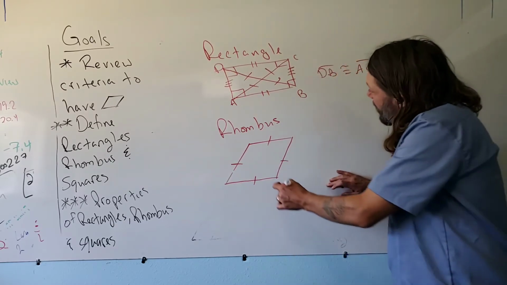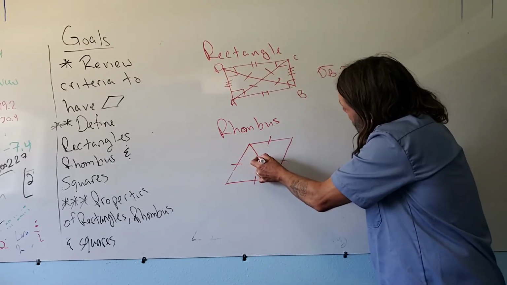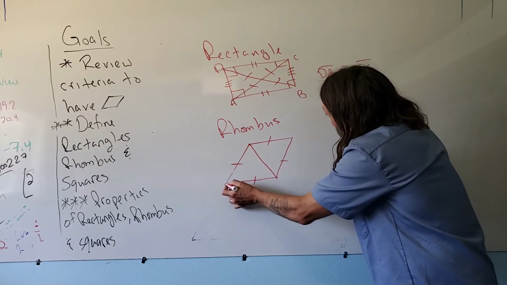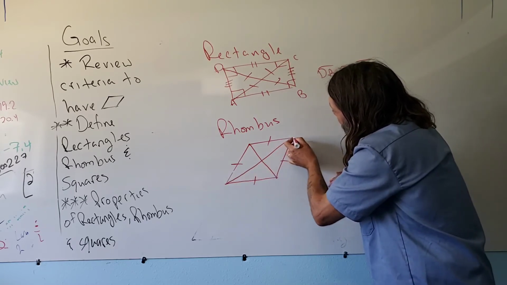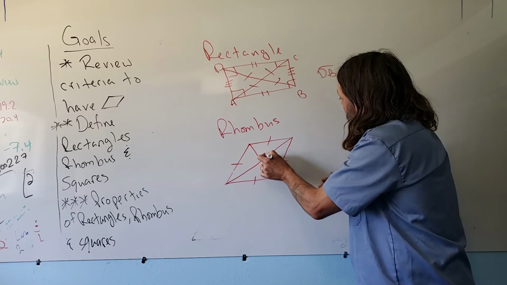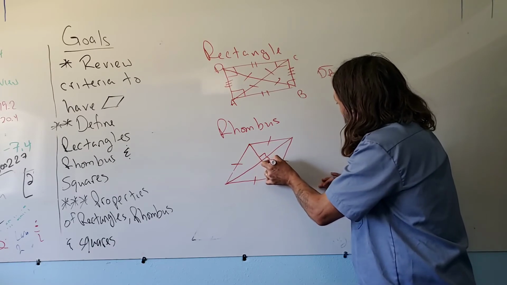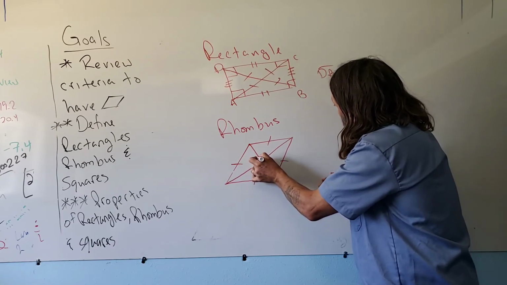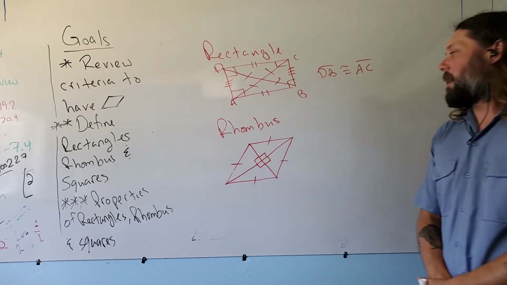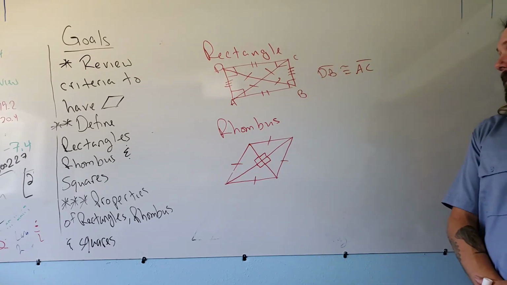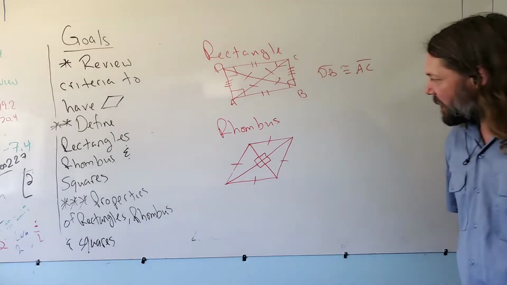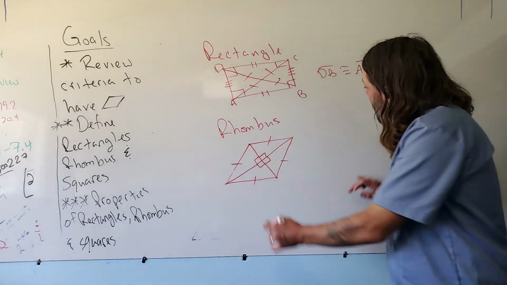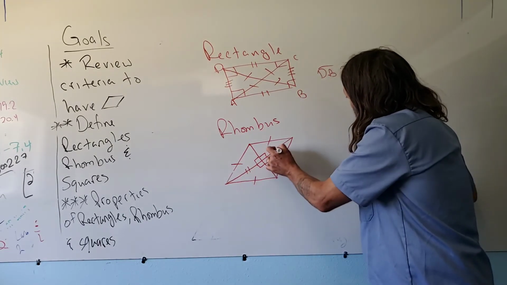And what I hope you understand from my argument is that the diagonals make right angles. So the diagonals are perpendicular. And again, since it's a parallelogram, we get the opposite angles are congruent, and the diagonals also bisect each other.